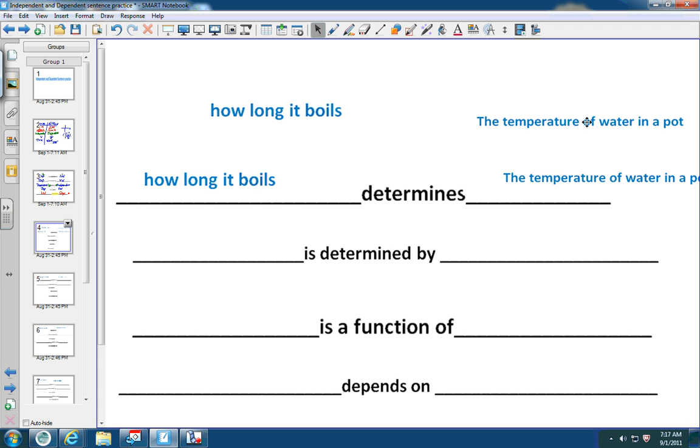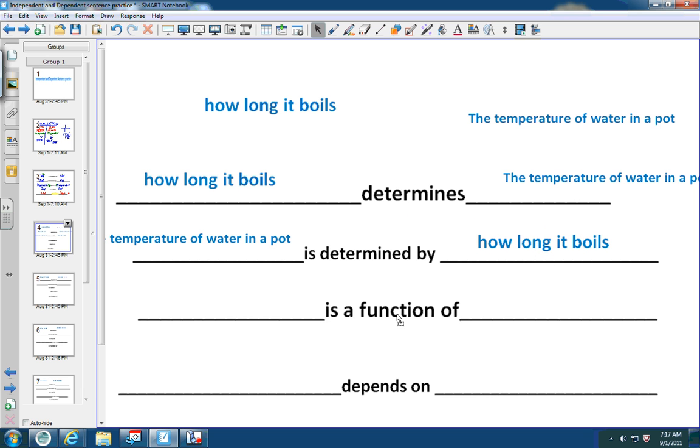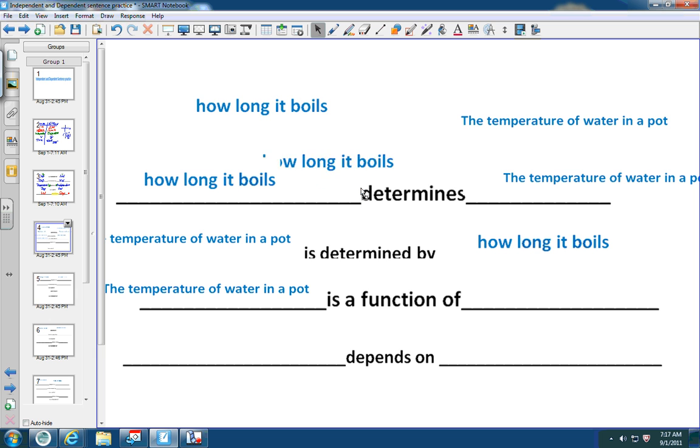This right here is determined by. The temperature of the water in the pot is determined by how long it boils. Well, what about right here for is a function of? The temperature of the water in a pot is a function of how long it boils.